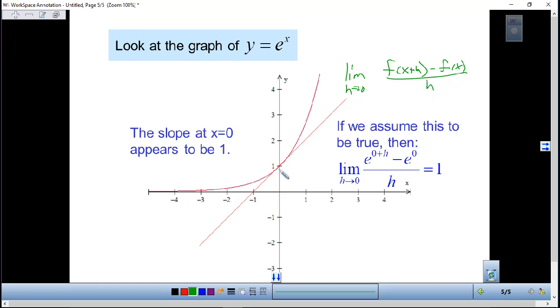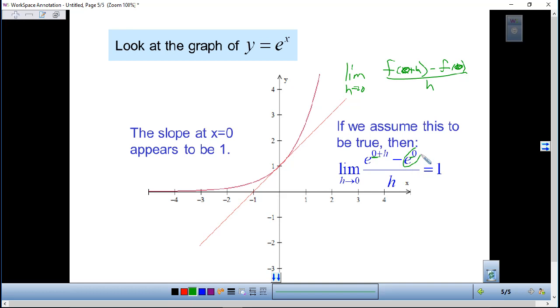So what we're saying here, our function is e to the x, and we're evaluating it at 0. So we're putting a 0 in everywhere we got an x, and our function is e to the x, so e to the 0 plus h minus e to the 0 all over h.